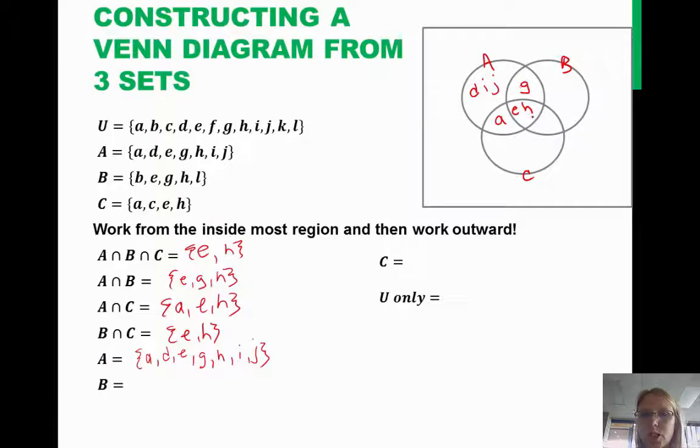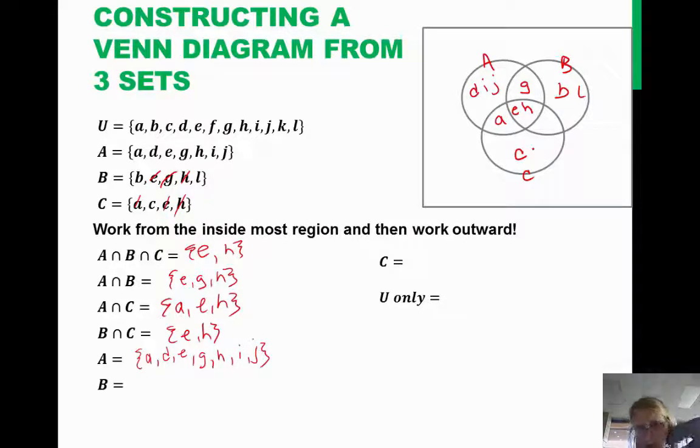Okay, so G, E, and H. So what is left? We have a B and an L, so we'll put that right here. And we will do the same thing for C. We already have A, E, and H here. The last one we need to put into C is C itself.